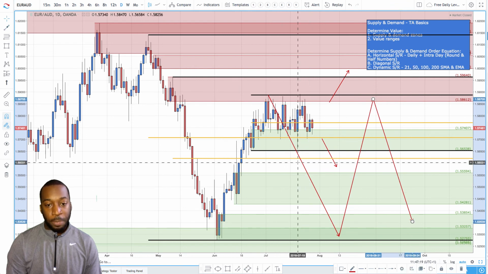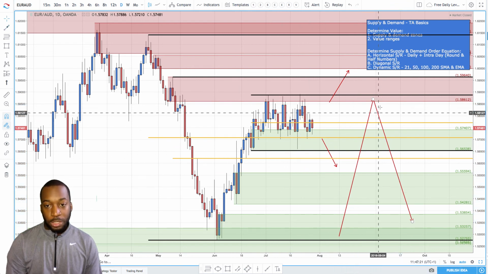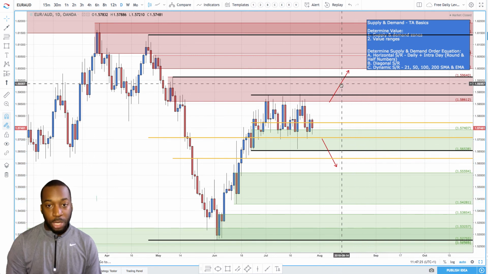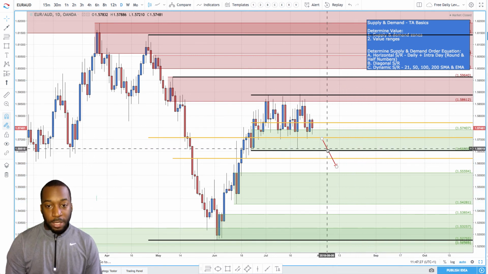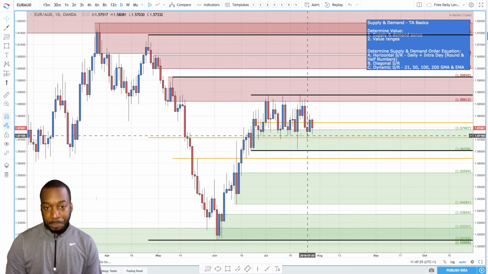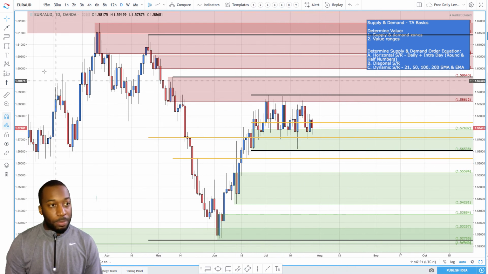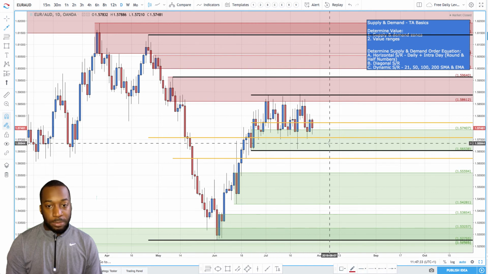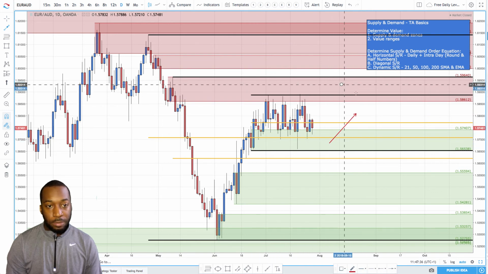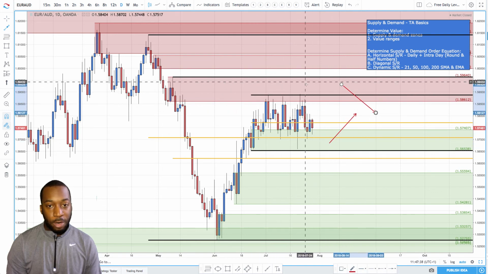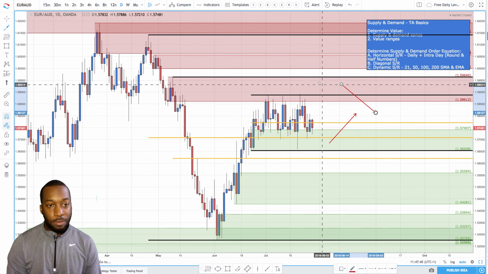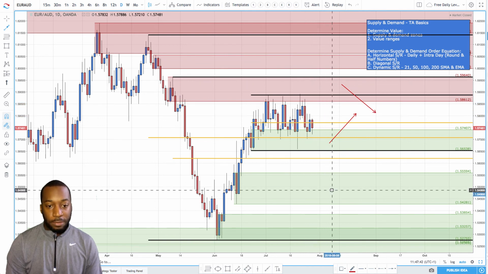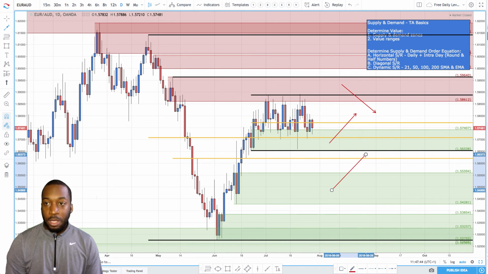These are just areas where we're looking to take advantage of ranging markets, these demand and supply zones, and look for value, right? So again, just immediate wise, buying. If you're looking to sell, probably be further up around this fresher area of supply, right? And this will be a second area.